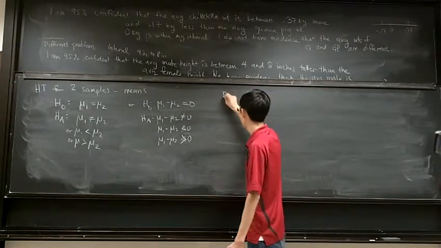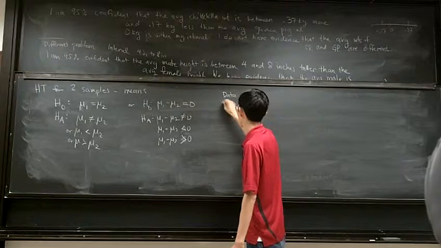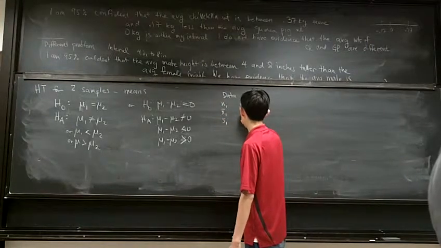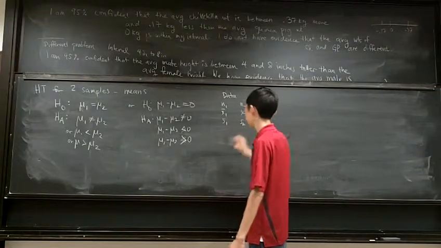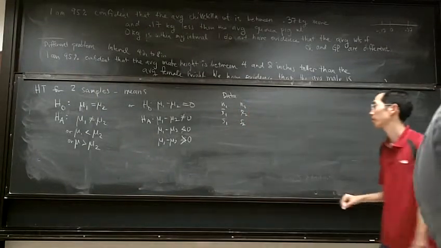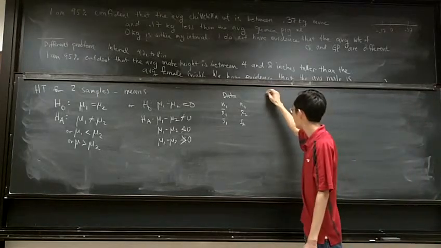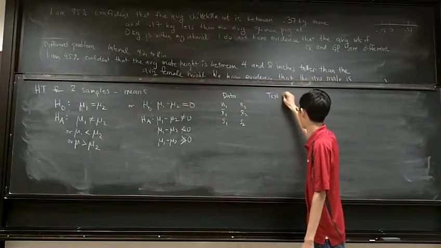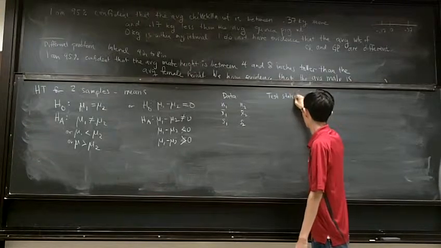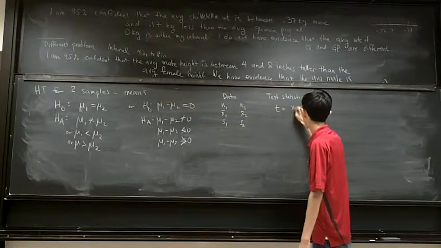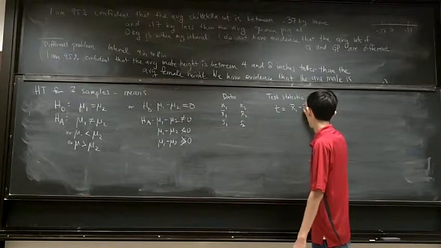Alright, again, your data, n1, x bar 1, s1, n2, x bar 2, and s2. Your test statistic is going to be t is equal to x bar 1 minus x bar 2.